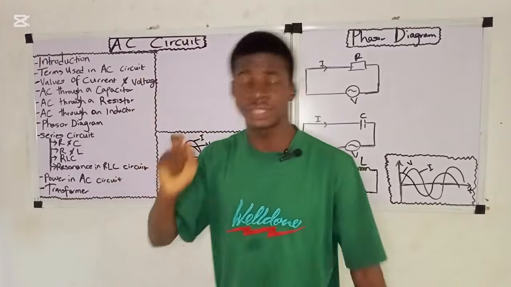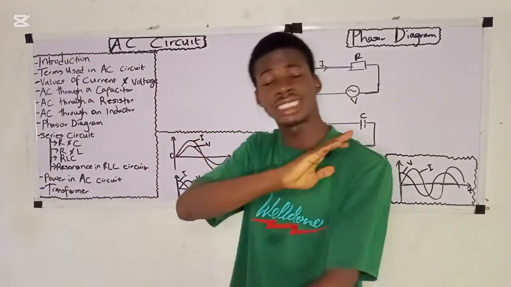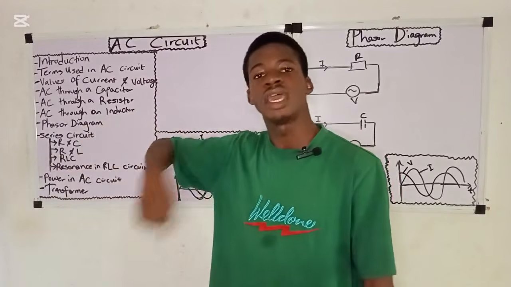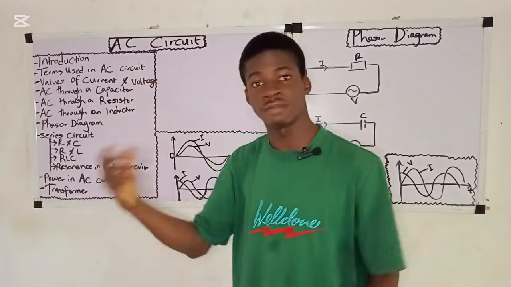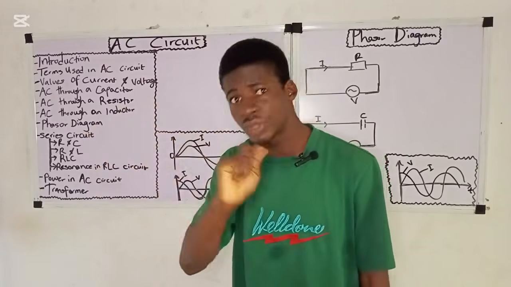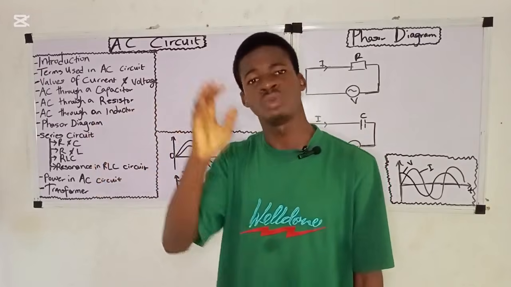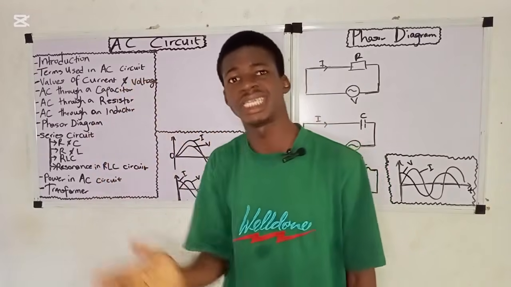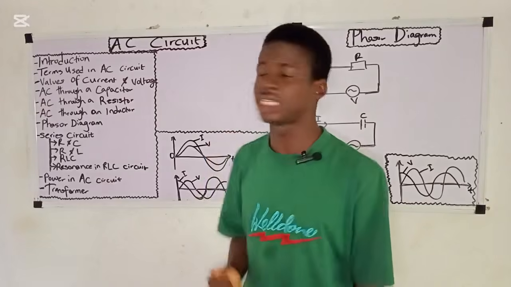So that is the meaning of an AC circuit. The current is alternating, the current is changing. Same goes for the voltage.